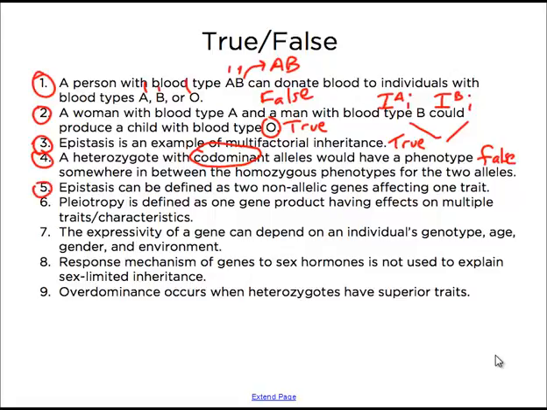5. Epistasis can be defined as 2 non-allelic genes affecting one trait. I'm going to say true for that one with one little star there. Technically, epistasis is defined as interference of a non-allelic gene on the action of another non-allelic gene.